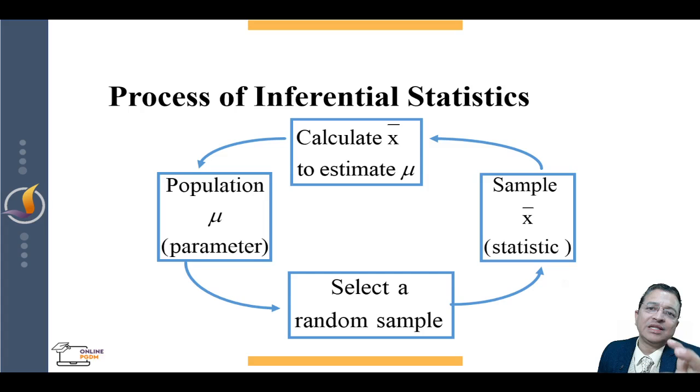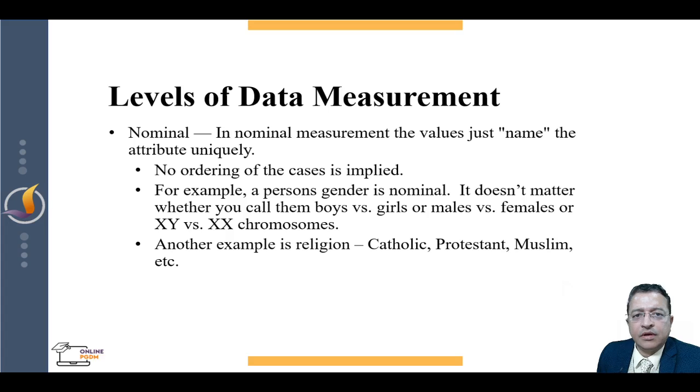We need to eliminate error while taking a sample, but whatever effort we make, there is a little difference between the original value of the parameter and what we have estimated from the sample. This process keeps going until your purpose is served.